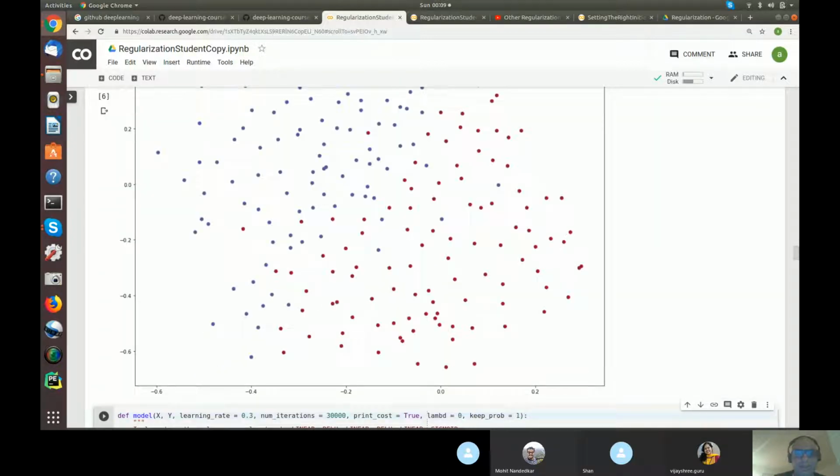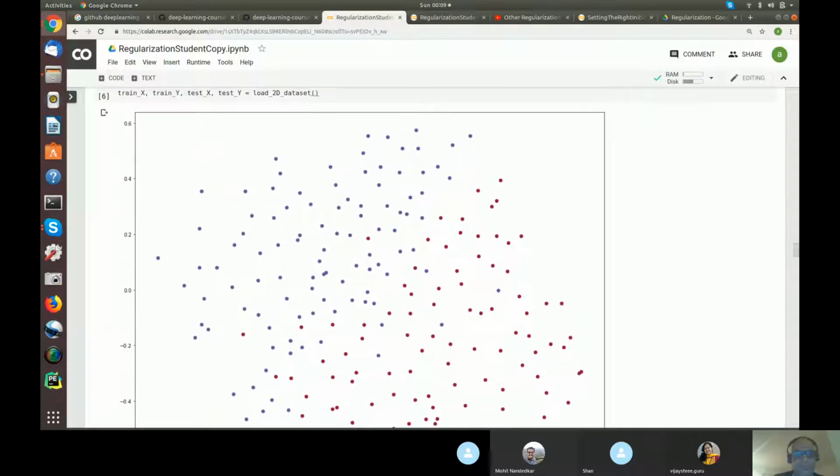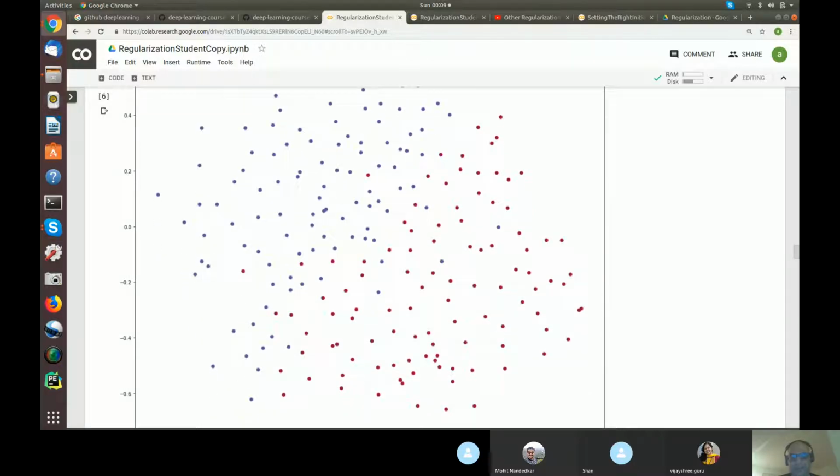So this is what our data looks like. It's again 2-dimensional data, which means we have 2 input features. On the right-hand side, they're colored red.